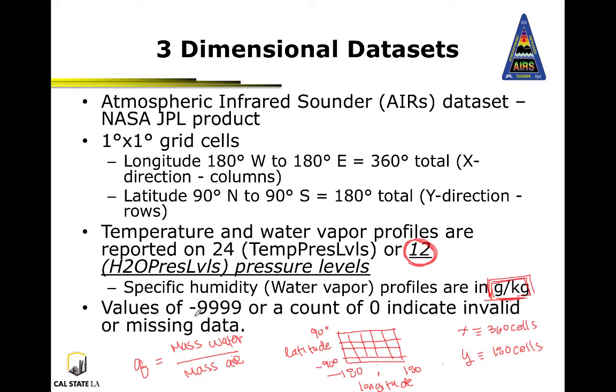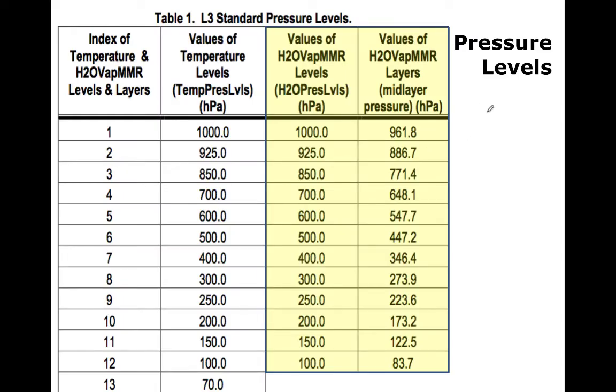So you're going to also have to make sure that you're catching all missing data when you're doing your evaluation. These are the pressure levels of observation. This column here is your column of interest, really, where it says values of H2O vapor at the levels.